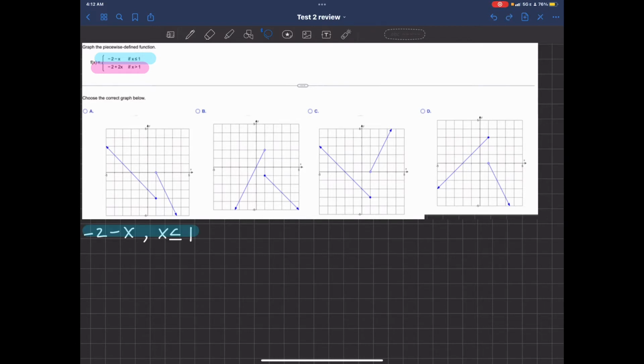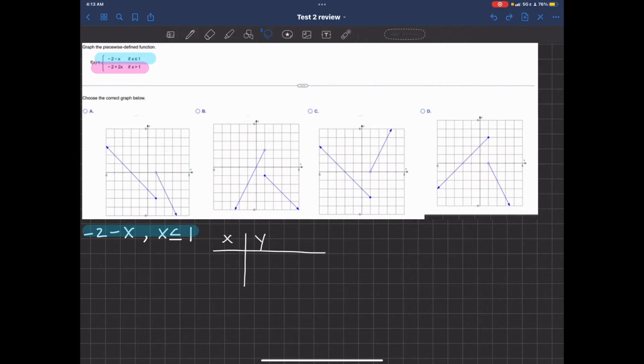Okay, so I have the first piece of the function, -2 minus x, and x is going to be less than or equal to 1. 1 is going to be my starting point when we're making our table. And remember that because it's less than or equal to, we're going to have an included point, so it's going to be a solid point.